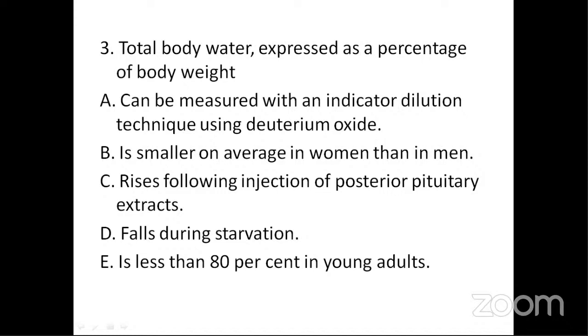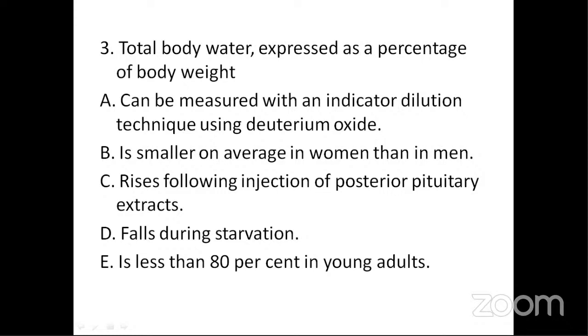So it can be easily measured with an indicator dilution technique using deuterium oxide, that is D2O. Next, the second option is true. It is smaller on average in women than in men. Women carry relatively more fat than men, and fat has a lower water content. So total body water as a percentage of body weight is smaller on average in women.